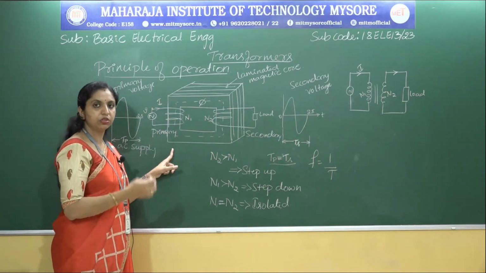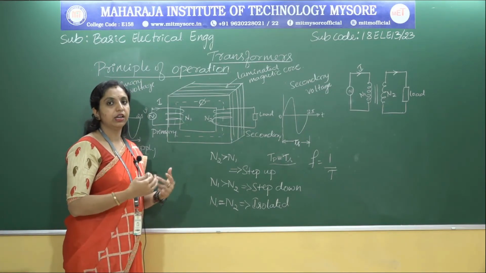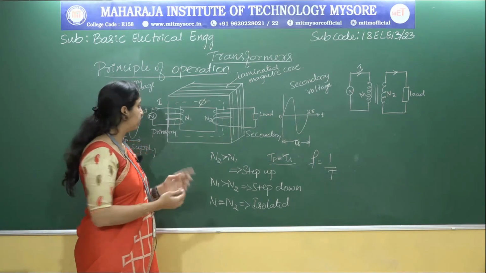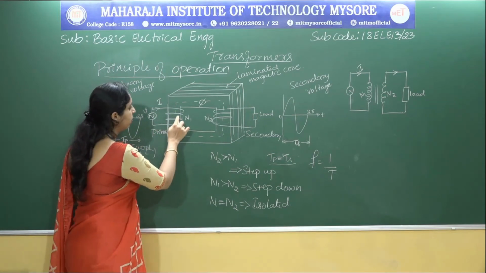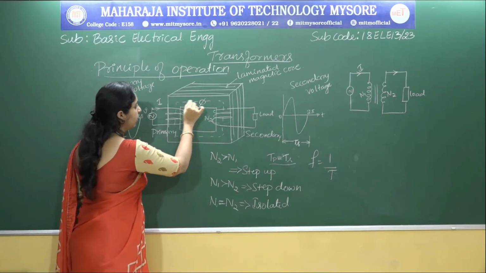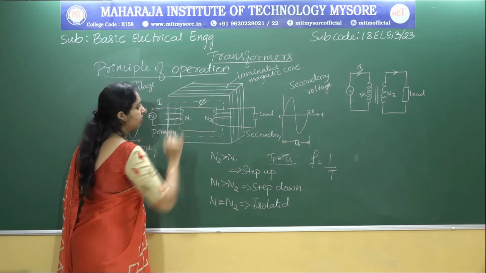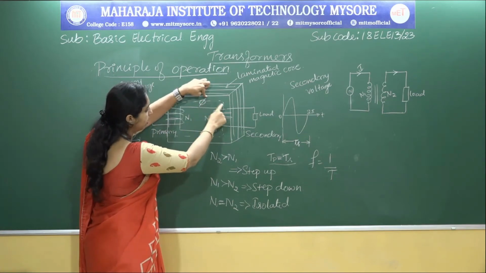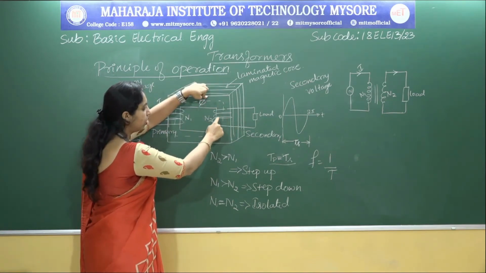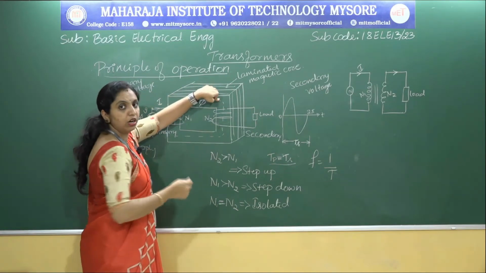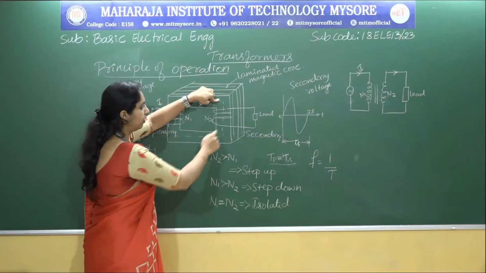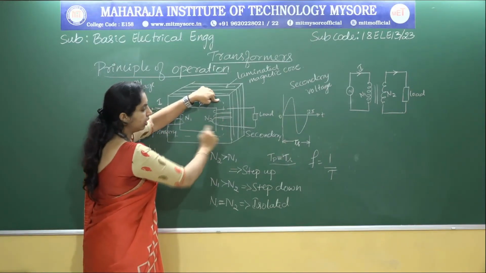When the alternating current flows through the winding, we have the alternating magnetic flux, phi. When the alternating magnetic flux links to the secondary coil or the secondary winding, according to Faraday's law, mutually induced EMF gets developed at the secondary coil.